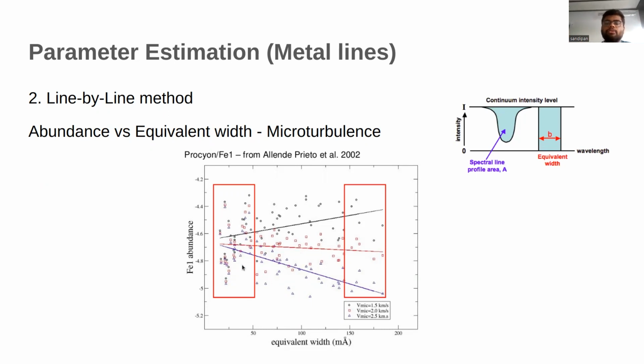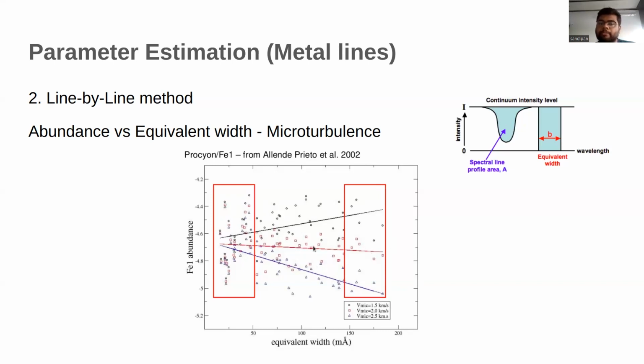So what you can do is take a range of absorption lines of iron with very broad ranges of equivalent widths. In that way, you are sure that these effects are taken into account.